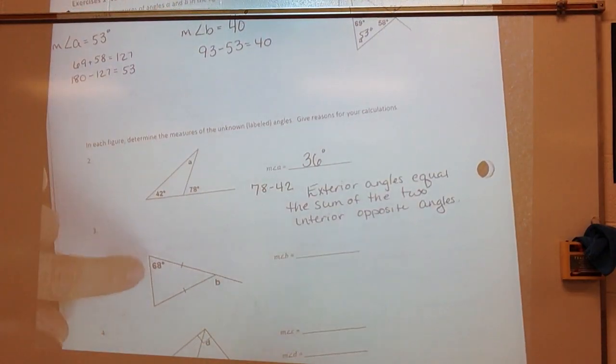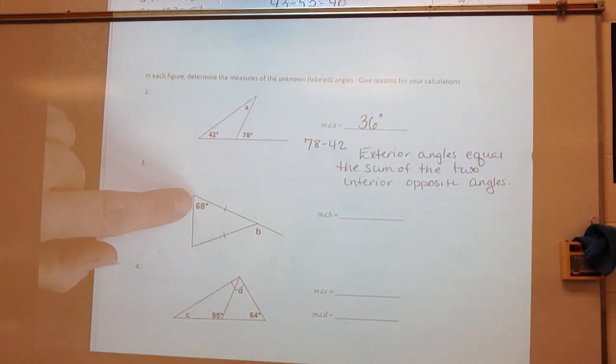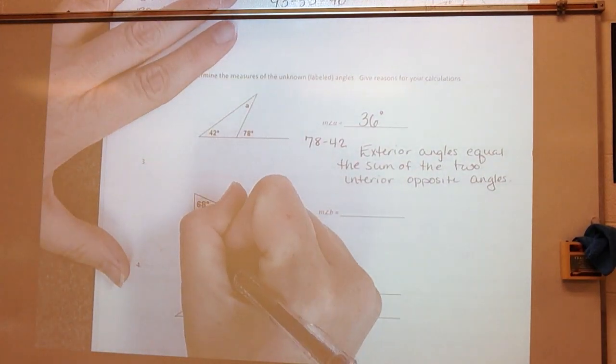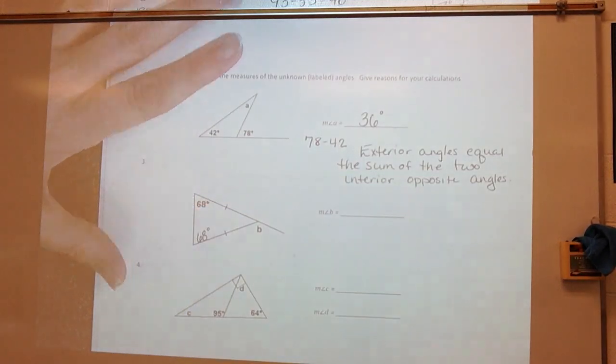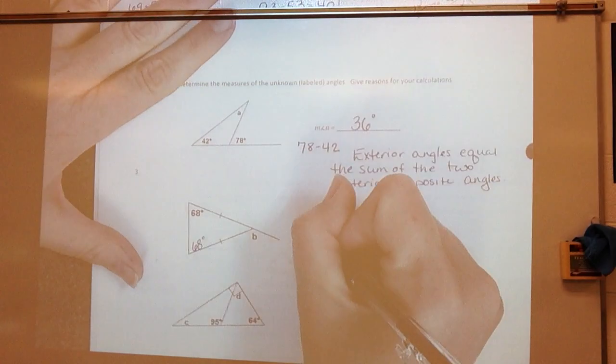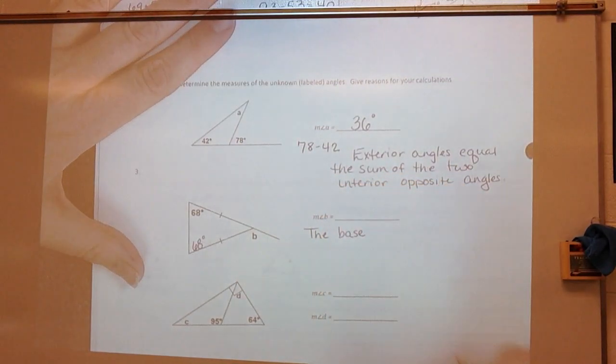So I know that, remember, the base is what it sits on, my triangle, which means I now know that this angle is 68 degrees also. All right? So that's my first step in figuring out the measure of angle B.